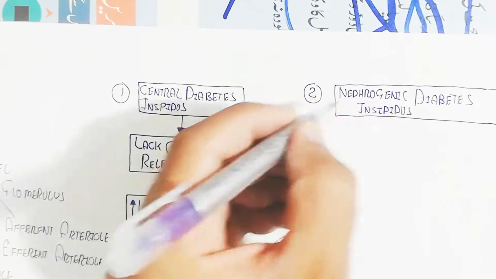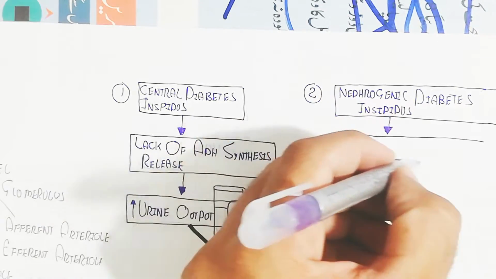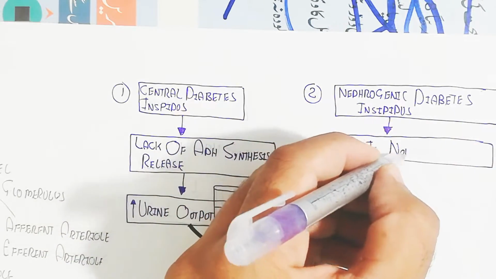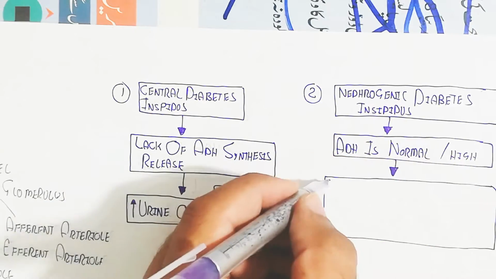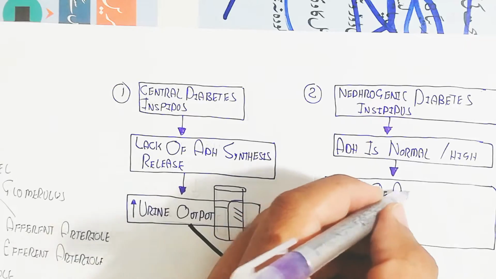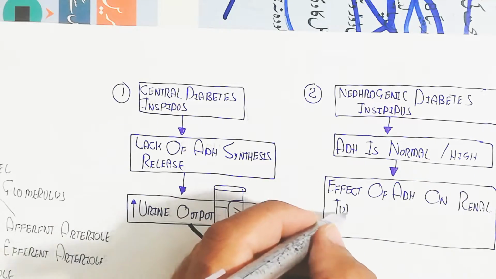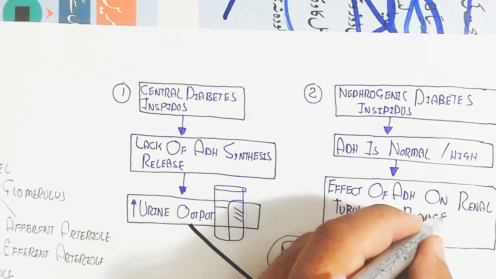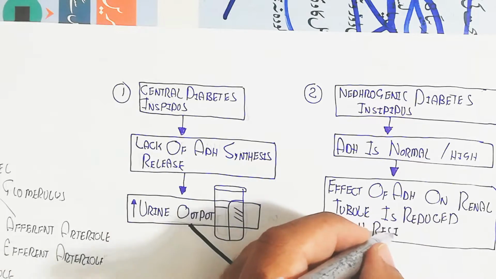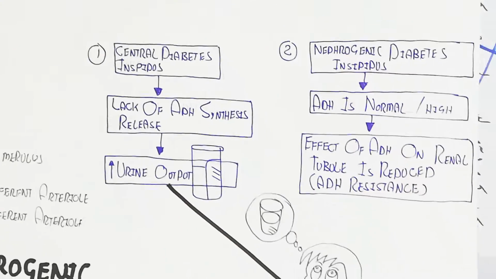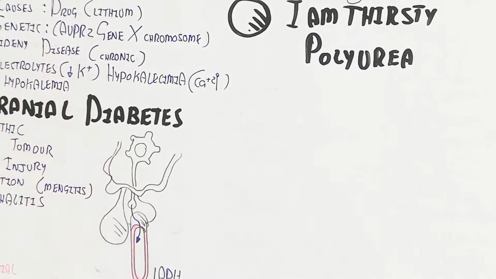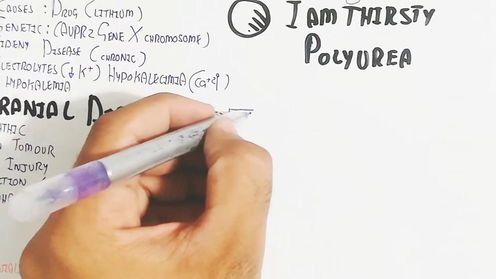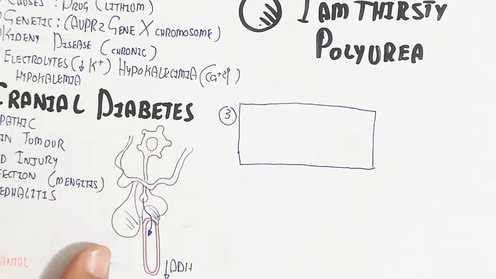In this, the antidiuretic hormone is normal or high, but the effect of antidiuretic hormone on the renal tubule is reduced, meaning antidiuretic hormone resistance. The channel will not be produced because the binding of the antidiuretic hormone receptor is not correct. That problem leads to diabetes insipidus.